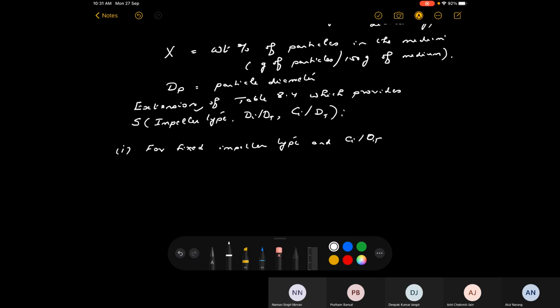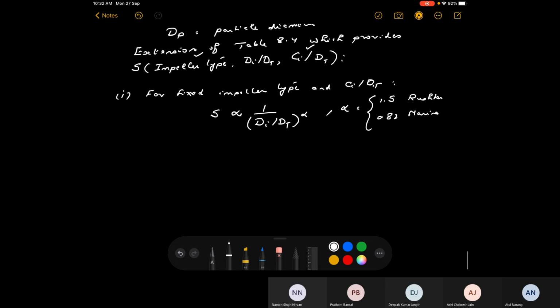If I fix this and I fix this, then S decreases inversely as di over dt to the power alpha, where alpha has been determined: alpha is equal to 1.5 for Rushton impellers and 0.82 for marine impellers. So these relationships are required for extrapolating the data beyond the limited discrete values given in the table.